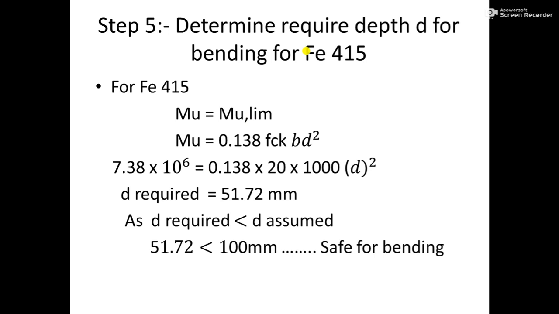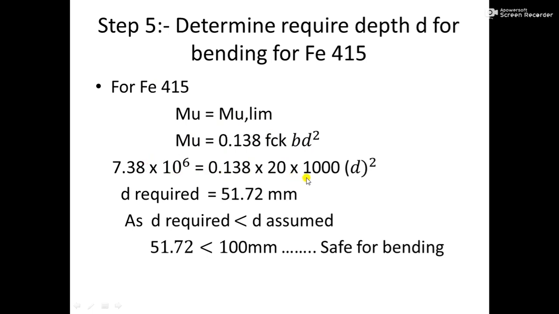Actually, in the first step we calculated a trial depth, that is an assumed depth. For this bending moment we have to calculate the actual depth. So equating Mu and Mu limiting, since the given steel is Fe 415, for Fe 415 the limiting moment of resistance is 0.138 fck b d square.